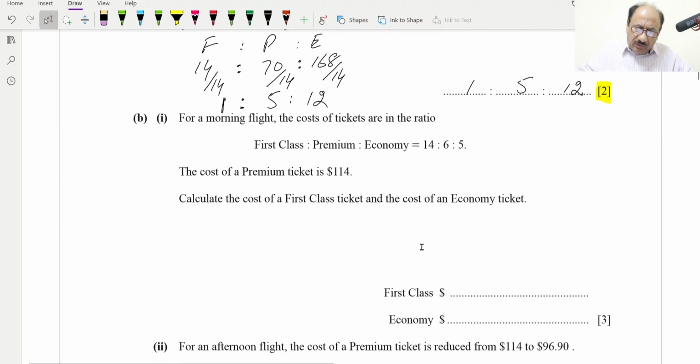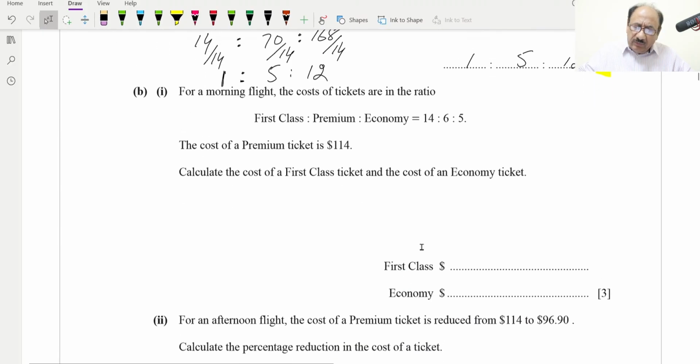And B1, for a morning flight, the cost of tickets are in ratio, this one, morning flight, these are the ratios for the three types of seats. The cost of a premium ticket is 114. Cost of premium is 114. So premium is ratio 6.